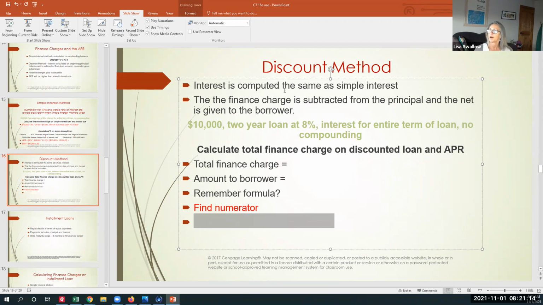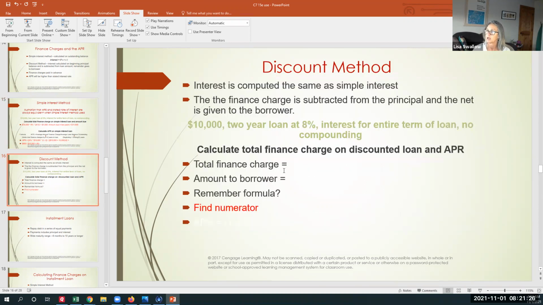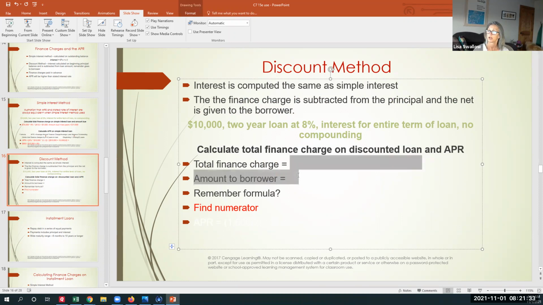Okay, so with a discounted loan, again, you're going to calculate how much the interest is. And we know that, right? We just did that here. It's $1,600. So that amount is subtracted from the amount they give you. So if you look at this, let's turn this on.